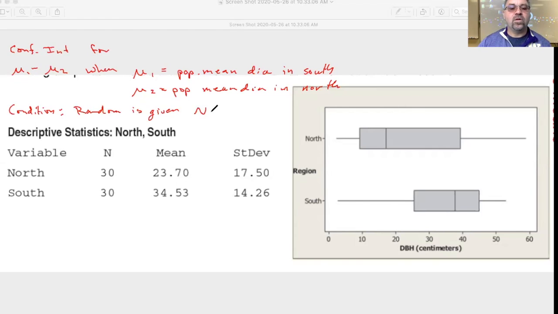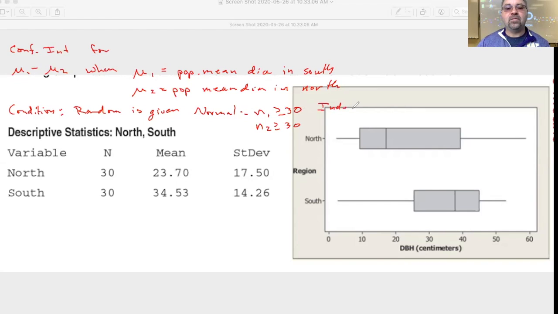For the normal condition, since n1 is greater than or equal to 30, n2 is greater than or equal to 30, we know both those samples distributions are approximately normally distributed.